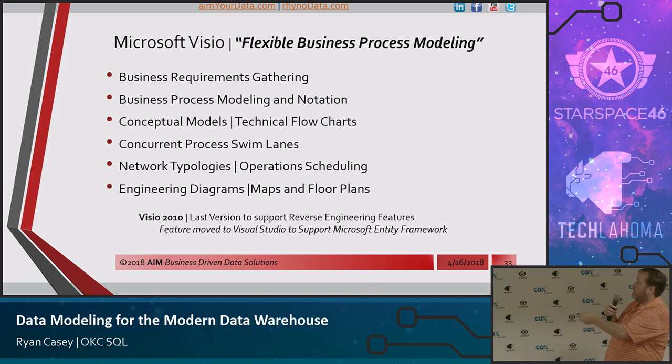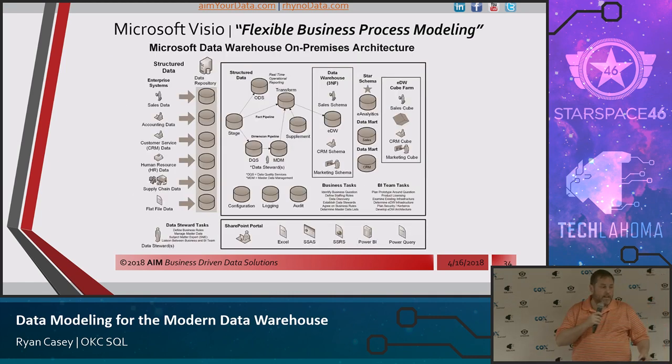One example that I use in Visio is when I'm with a customer and trying to share with them what they could implement in the entire stack. This was a model that I used for years for the on-premise piece. When I start talking about Azure and the cloud, we have a bunch of different tools.